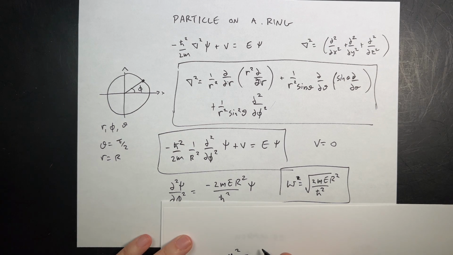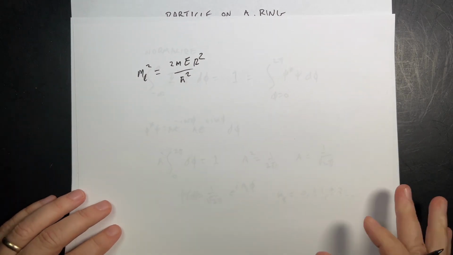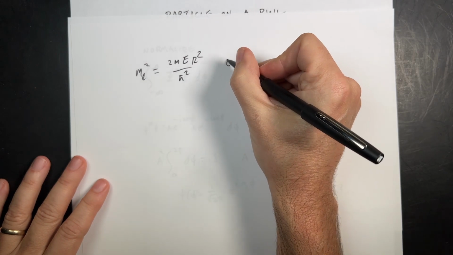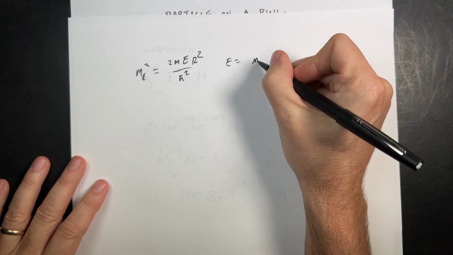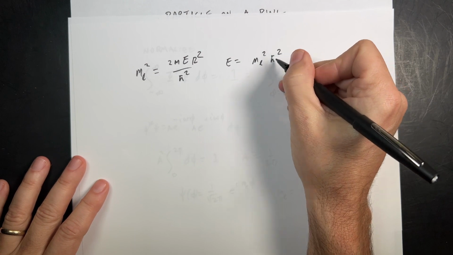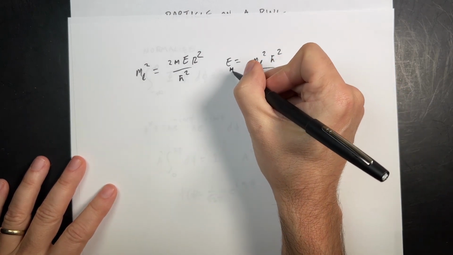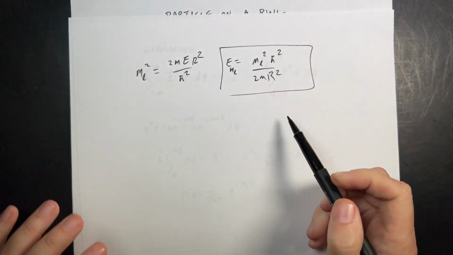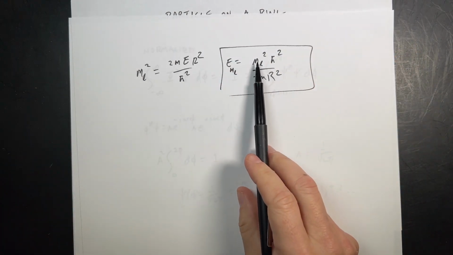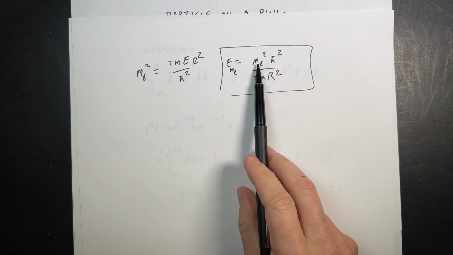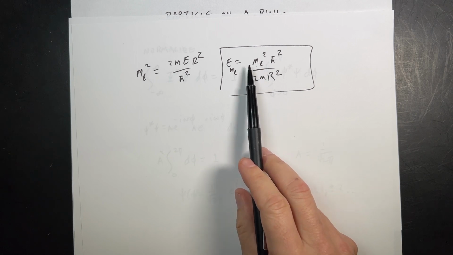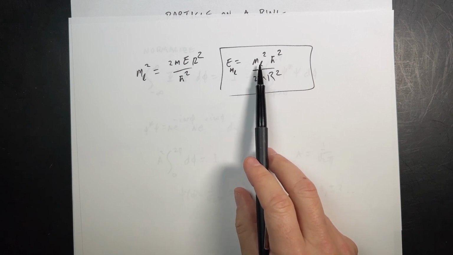So ml squared is 2mEr squared over h bar squared. Now I can just solve that for E. So E equals ml squared h bar squared over 2m r squared, and this is sub ml. This is important because I have degeneracy here, right? If I put in ml equals -1 and ml equals +1, I get the same value, right? Because I'm squaring it. So I have degeneracy here, and that is an important concept that we're going to look at later.